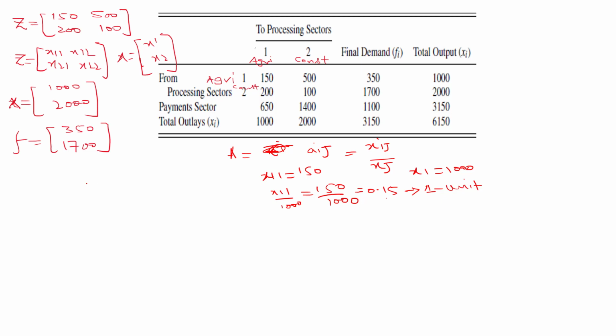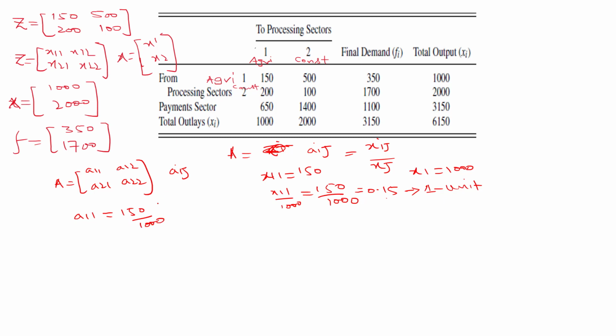Now we want to calculate the coefficient matrix. We normally denote it with A11, A12, A21 and A22. And what is Aij basically? Aij is Xij divided by Xj. So how will we calculate A11?